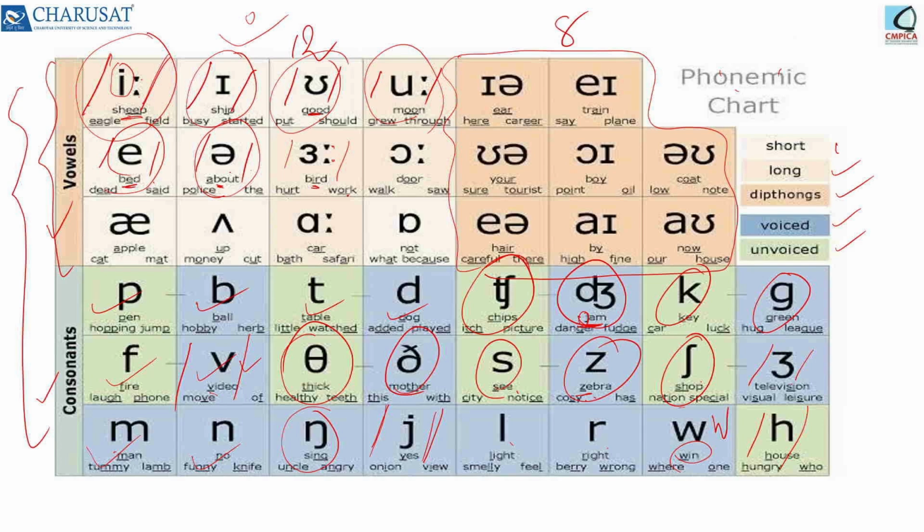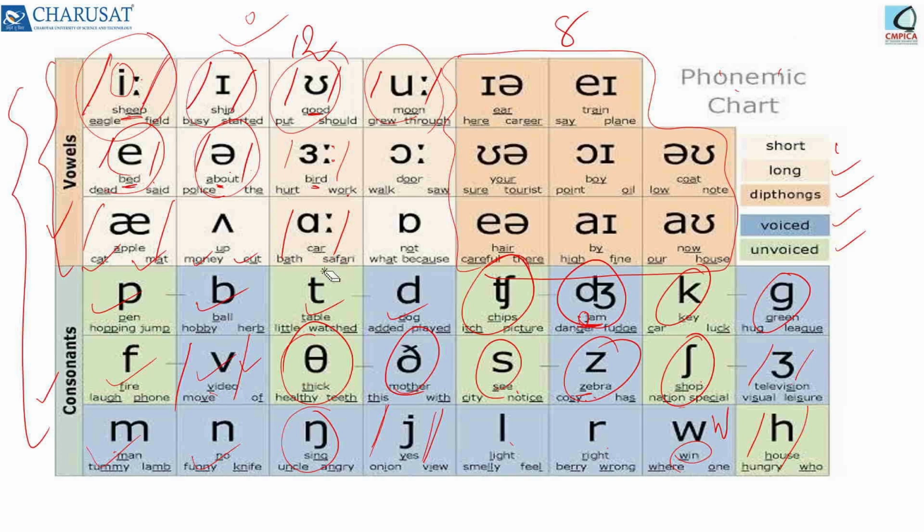These are the phonetic symbols. This is a for apple; a comes in cat, in mat. This a is also very short, as in cut, money. It is just helping the consonant move out of the oral organs. Then this is again an a sound, as in bath. In safari, it is sa and fari, so it is a in two different types.